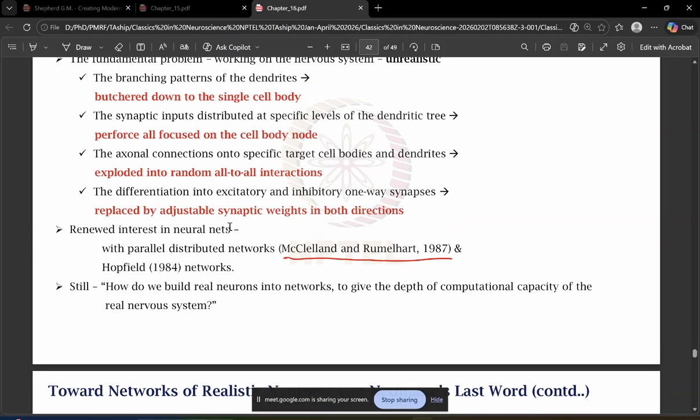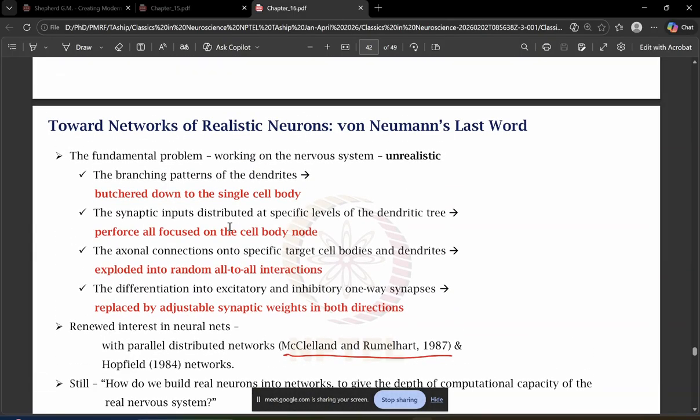These were all unrealistic, not close to the actual way the nervous system worked. These are all fundamental problems that existed in the neural networks that were being made.